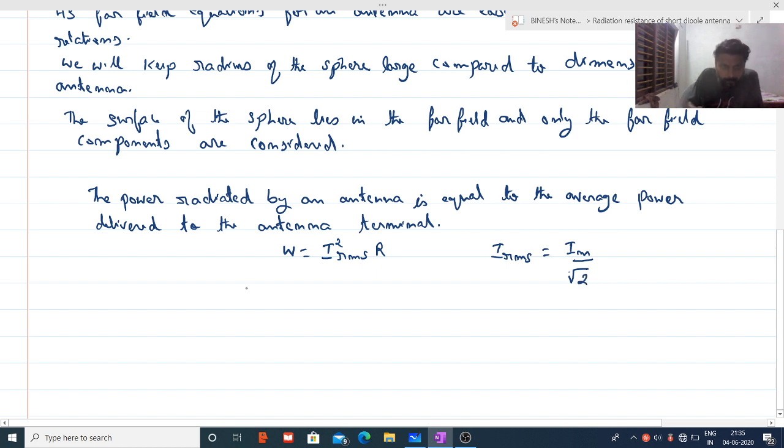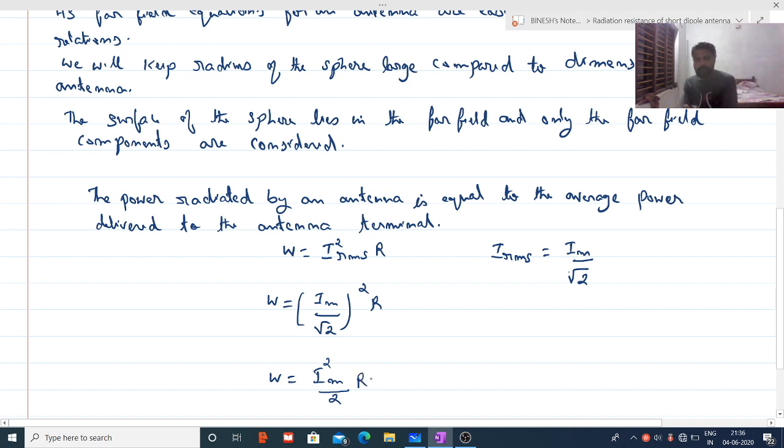So W is nothing but Im by root 2, the whole square, into R, that is W is nothing but Im square by 2 into R. So that is nothing but the power radiated by the antenna.